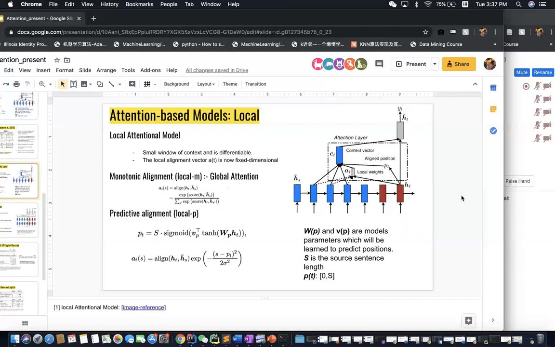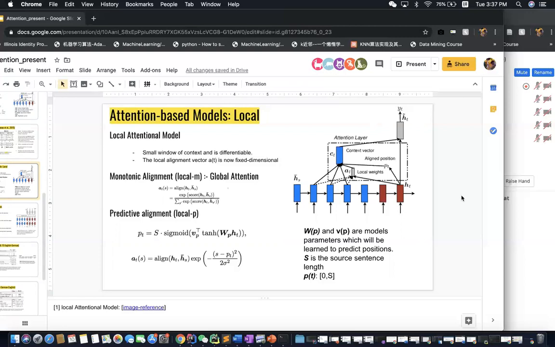Do you mean the position of P or the window? The window is for the context vector, for example centered at some words. Yeah, right. It is not dynamic. It is not, for example, 3 or 4 or 5. It is always 3 as a hyperparameter.